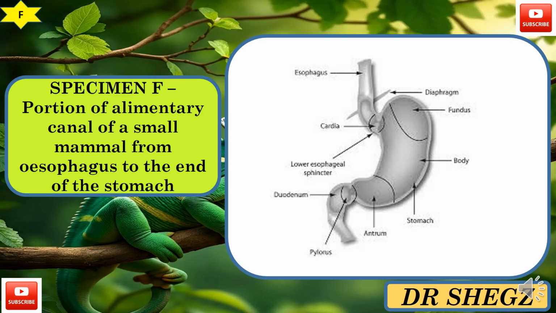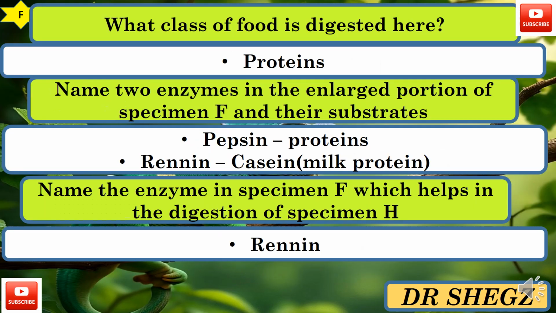Specimen F, portion of alimentary canal of a small mammal from esophagus to the end of the stomach. So what class of food is digested in the stomach? We focus on the stomach. Protein digestion begins in the stomach. Two enzymes present, you have pepsin and you have renin.